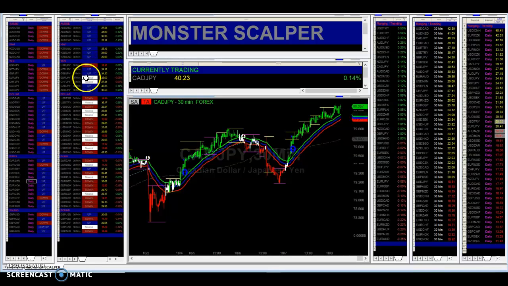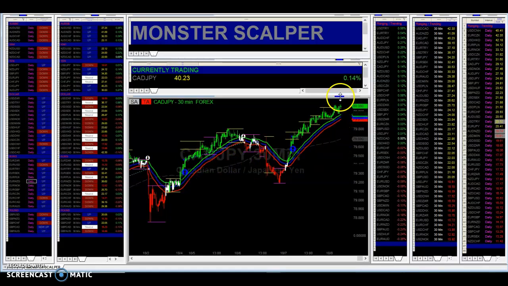Okay, it's kind of mixed right now, but we know it's up. Okay, so we want to be going long. And if you look here, CAD is one of the better performing peers in that group. Okay, so that's how we analyze the trades once they're in.